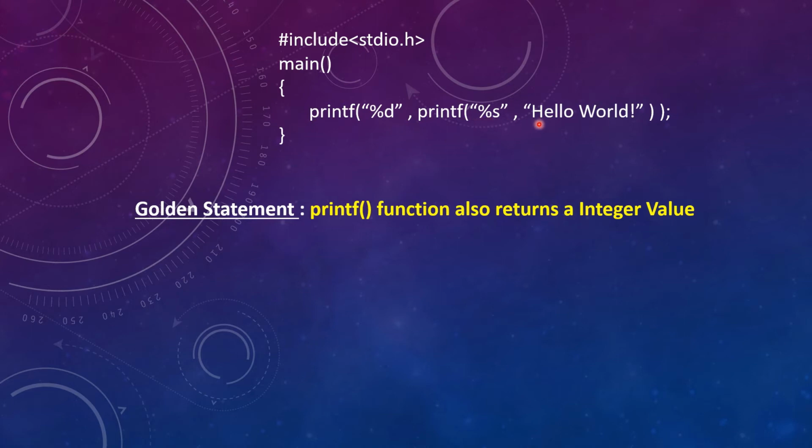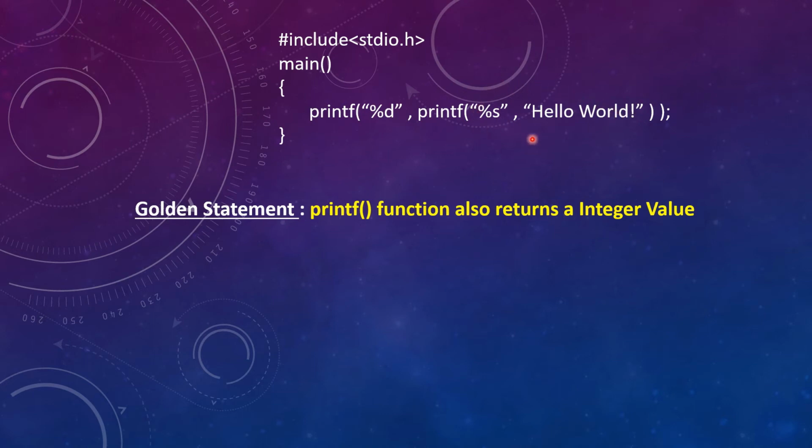So what is the string here? The string here is hello world. So this hello world is going to be printed by this %s on the output console. There's no doubt in this. So hello world with exclamation mark will be printed on the output console.